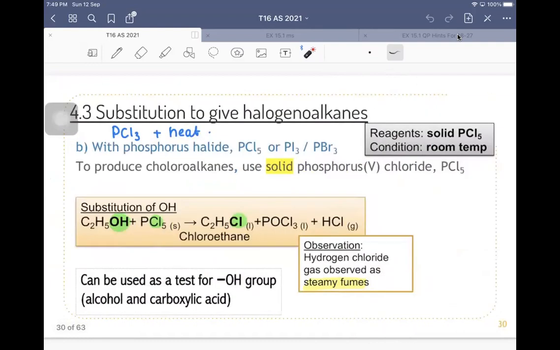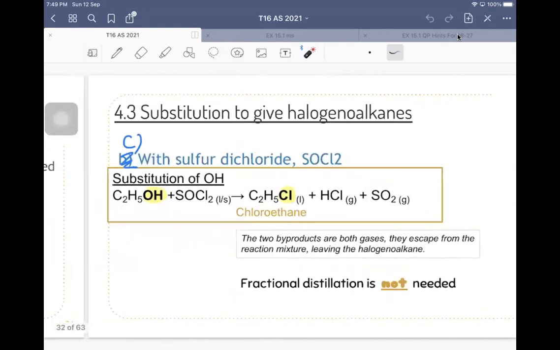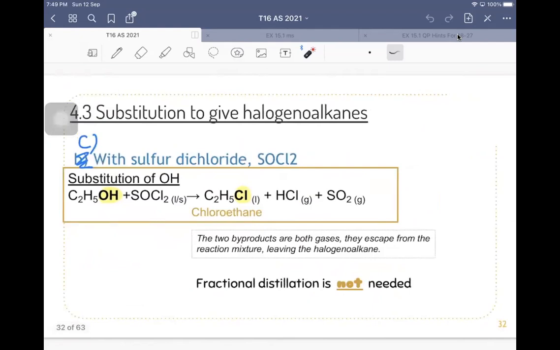The second reagent that you can use is PCl5 or PCl3. However, with PCl3, you will need to use heat, whereas PCl5, you can just add it to alcohol straight away and it reacts at room temperature. The last reagent is SOCl2.